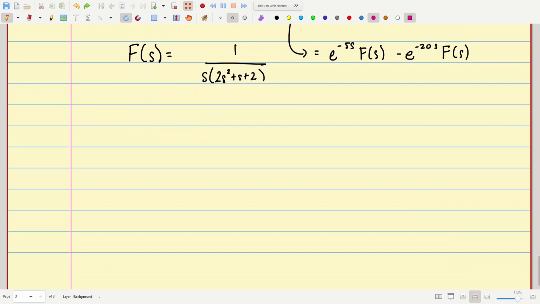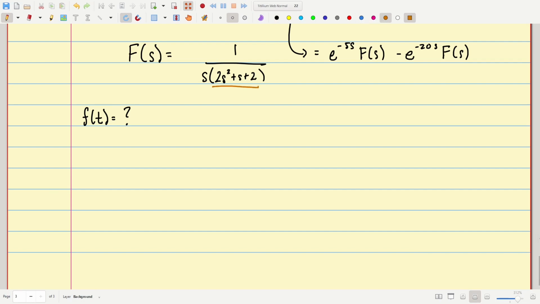So what we're looking for now is what is the inverse Laplace transform of capital F? It is something that we're going to have to use partial fraction decomposition on. Okay.